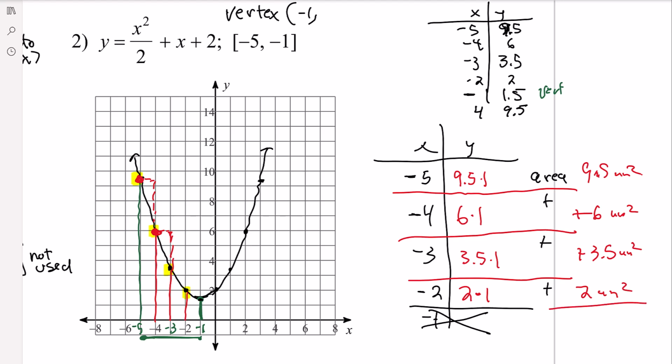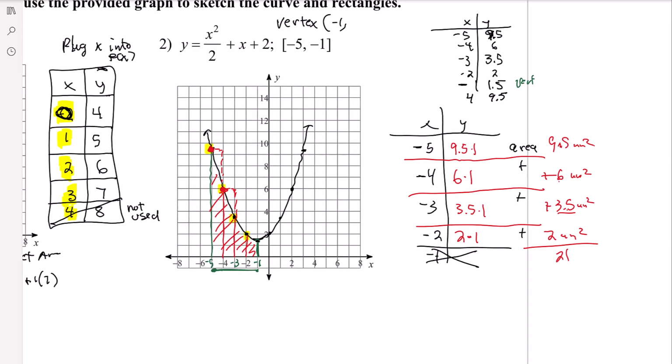And then you're going to add all of those units. So 9.5 plus 3.5 is 13. 13 plus 6 is 19 plus 2. The area under the curve is roughly, so this is one way that you could do it.